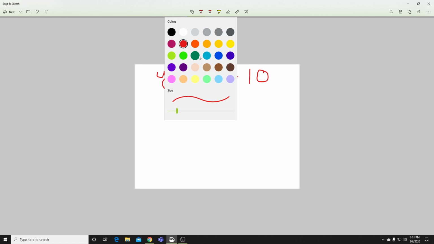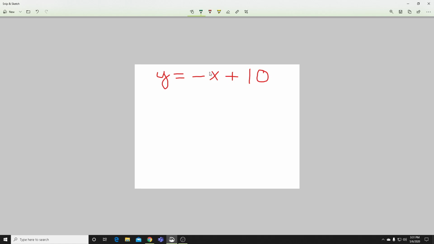Well, the slope, remember, is going to be the number in front of x. Now, we just have a negative sign that's not a number, but remember, negative x, it's really the same thing as negative 1 times x. Okay, so we say that the slope in this case would be negative 1.